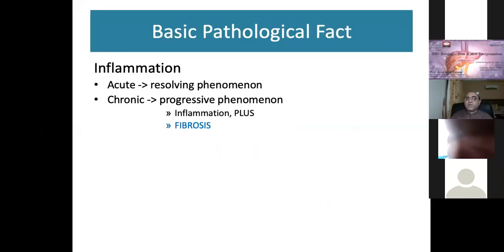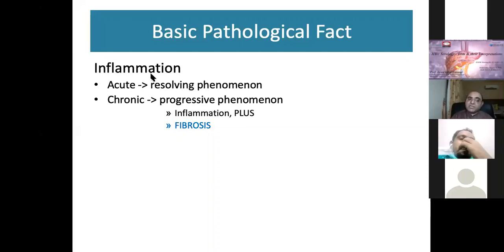Before going to the main discussion, I'll share with you one basic pathological fact. We all know that when we were reading the chapters on inflammation, acute inflammation was a resolving phenomenon. It used to resolve within days or weeks.